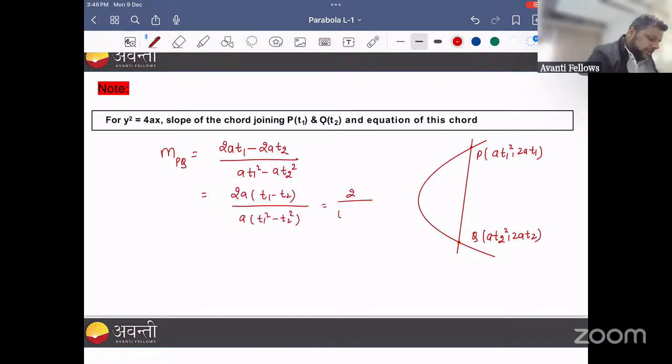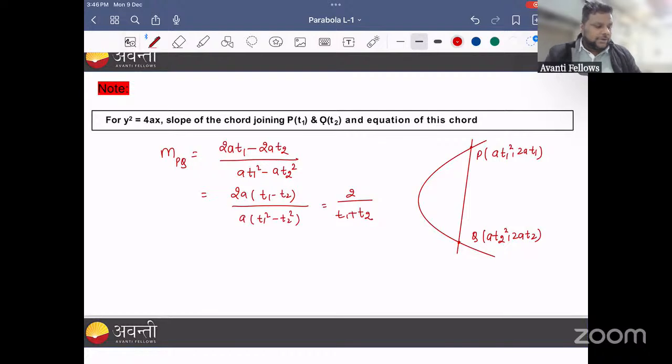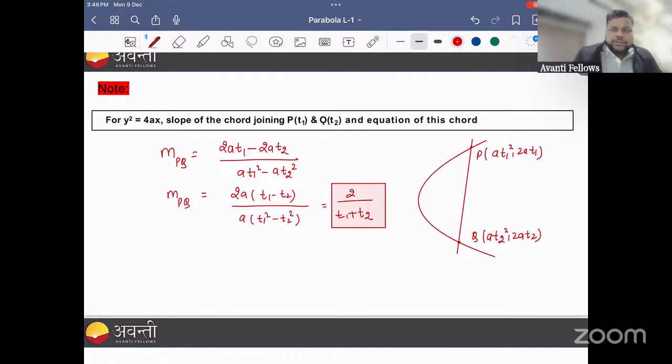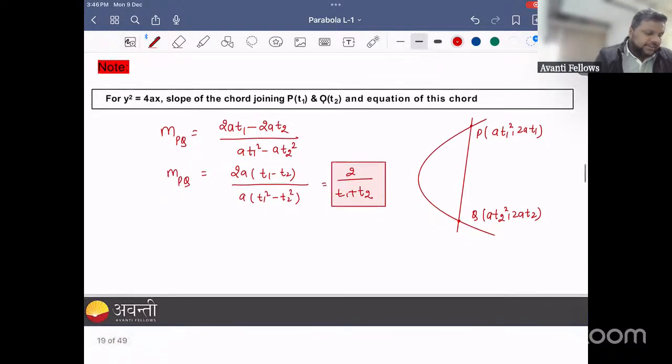So it is 2 upon (t1 plus t2). This is the slope of the chord joining t1 and t2.